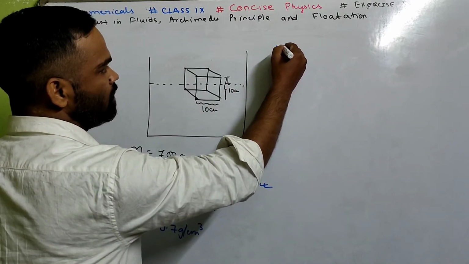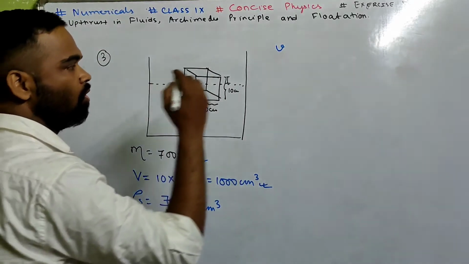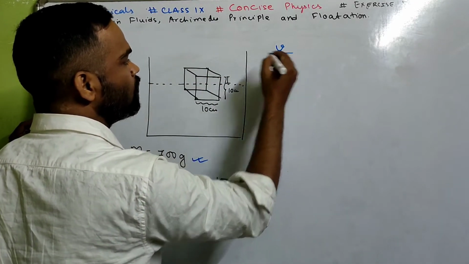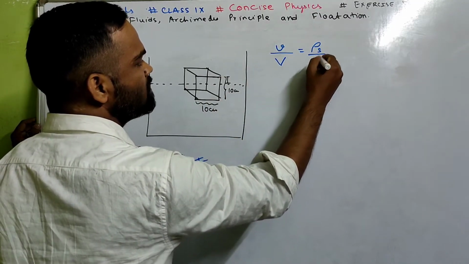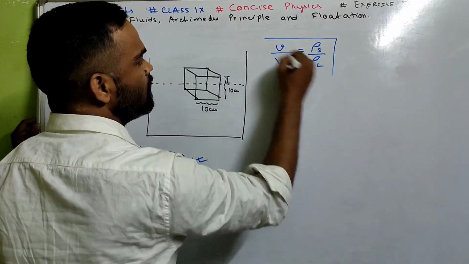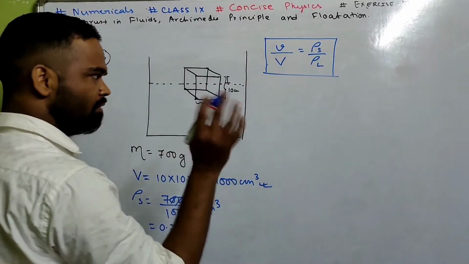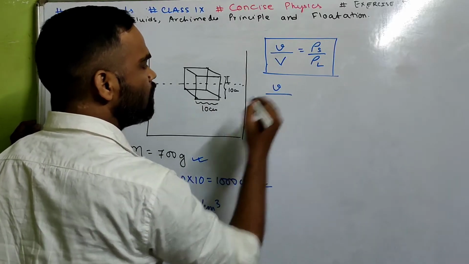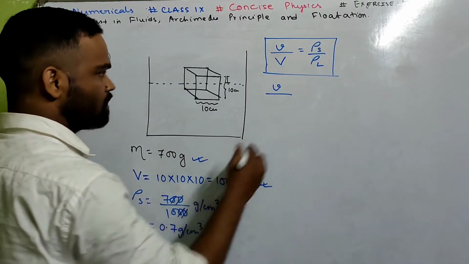Volume of the body immersed in water by total volume is equal to density of the solid by density of the liquid. Now, how much volume is inside water? We don't know. Volume outside water, that is 1000.